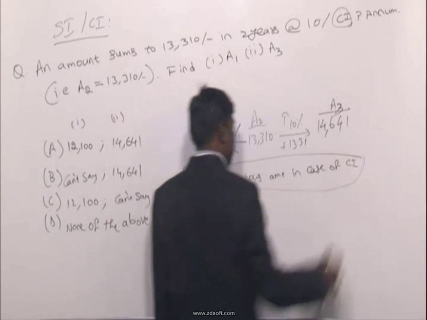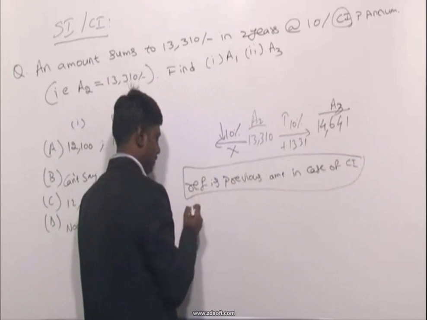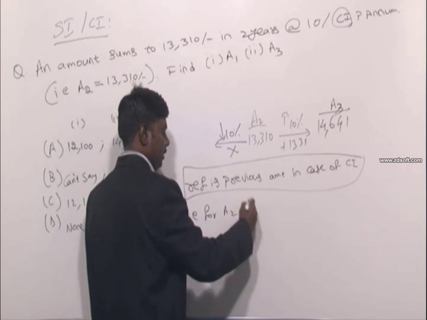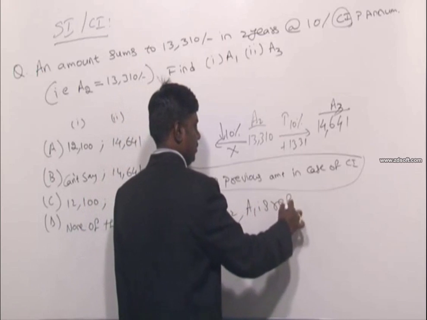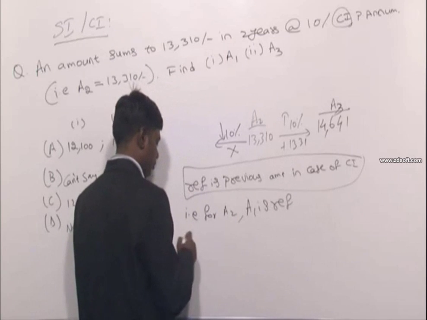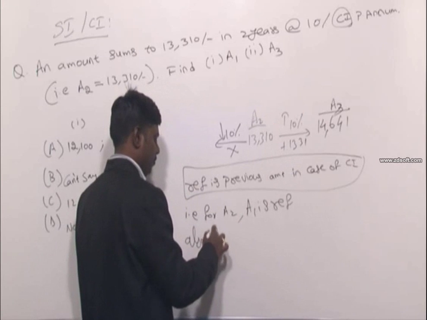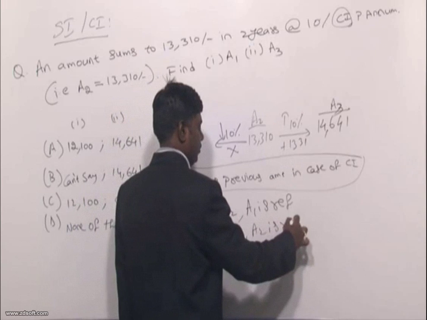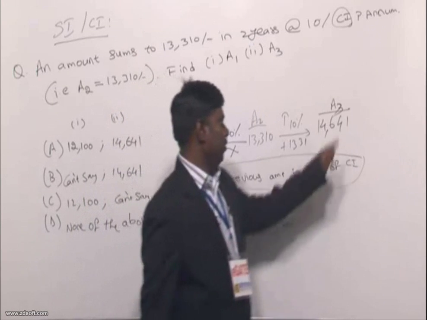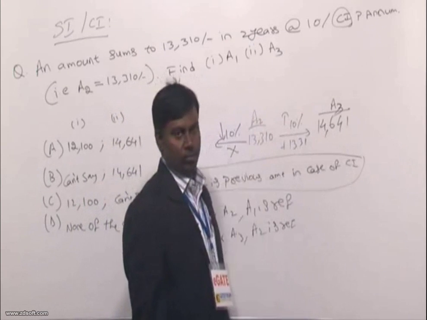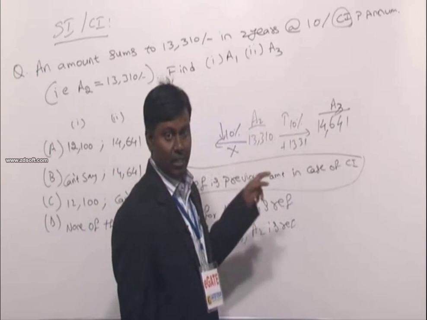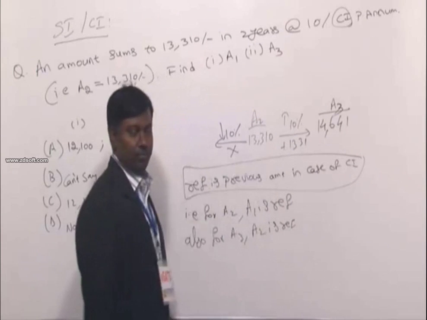Which means for A2, A1 is the reference. Also, for A3, A2 is the reference. So to find out A3, we have directly considered 10% of A2. But to find out A1, we should not consider 10% of A2. Rather, A2 is 10% more than A1.